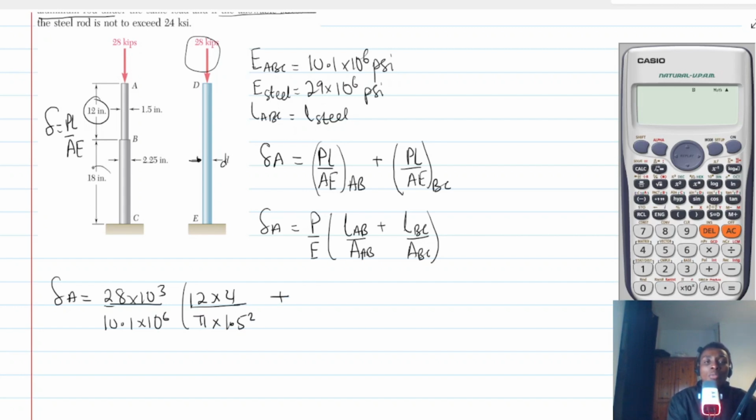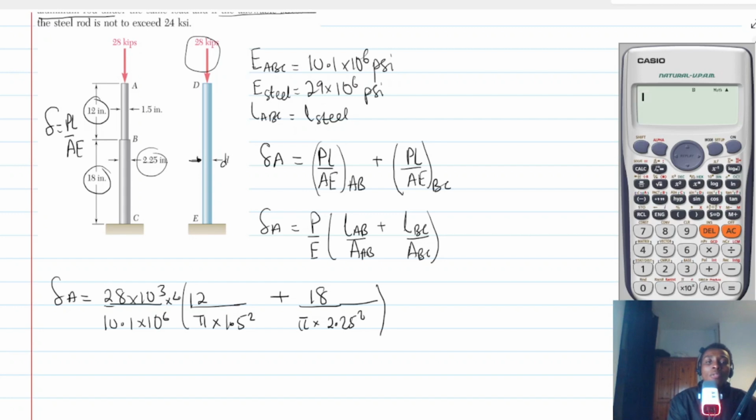All right. Now the length of BC is what? 18 divided by pi multiplied by the area. I'm sorry, the diameter of the bottom part, which is 2.25 squared. So multiply by 4. All right. In fact, we can even bring the 4 outside here, because it looks like 4 will multiply this and then multiply this as well.